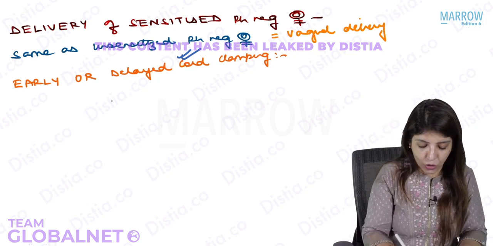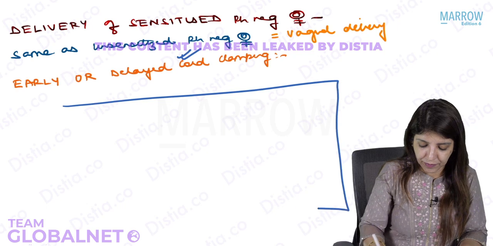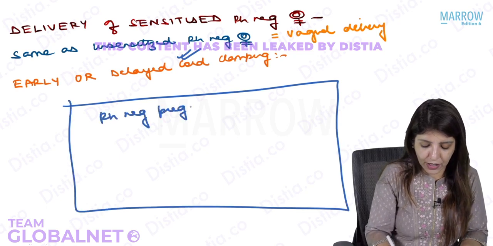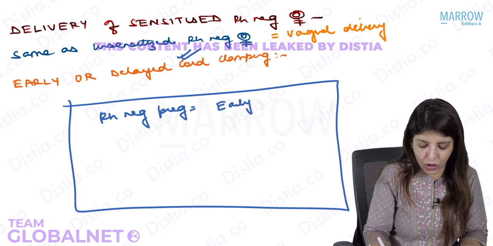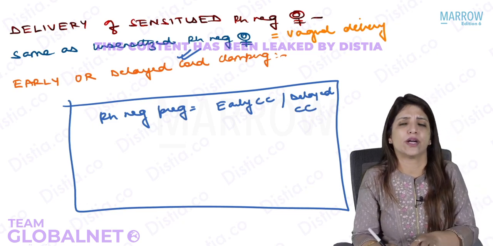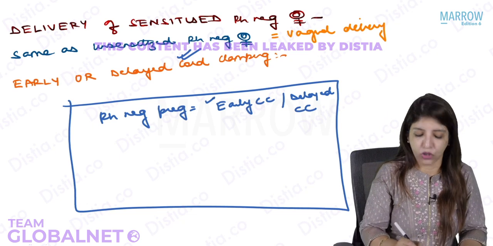Now, if your question comes like this, in Rh negative pregnancy, we go for early cord clamping or delayed cord clamping. Simple. They have not told you whether it's a sensitized mother or an unsensitized mother. Mark it as early cord clamping.